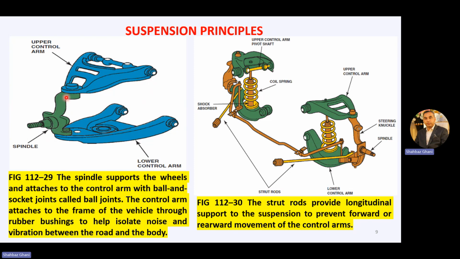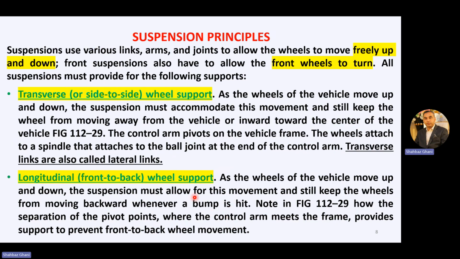So this suspension system, this upper control arm and lower control arm is catering for your up and down movement of the wheel. And then this Stewart rod basically is providing the longitudinal support to the suspension system to prevent forward or rearward movement of these control arms. So the longitudinal, this pertains to this part.